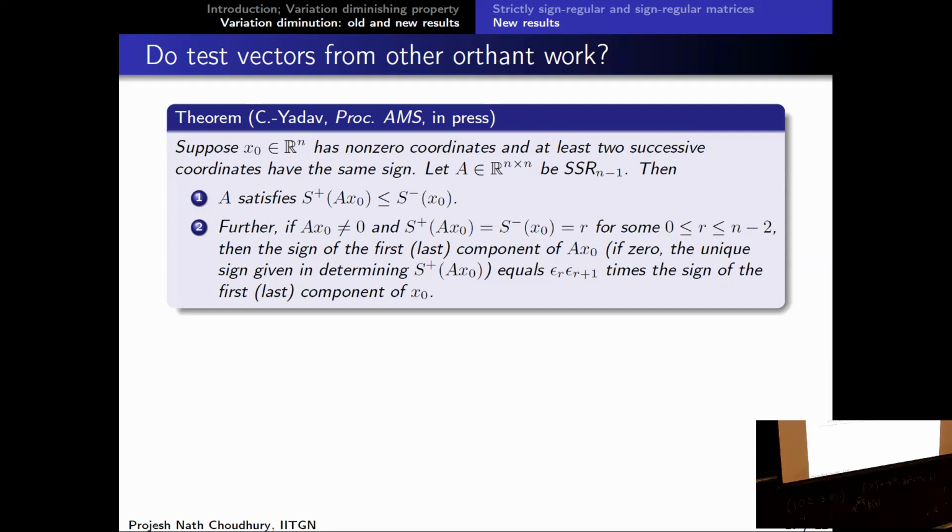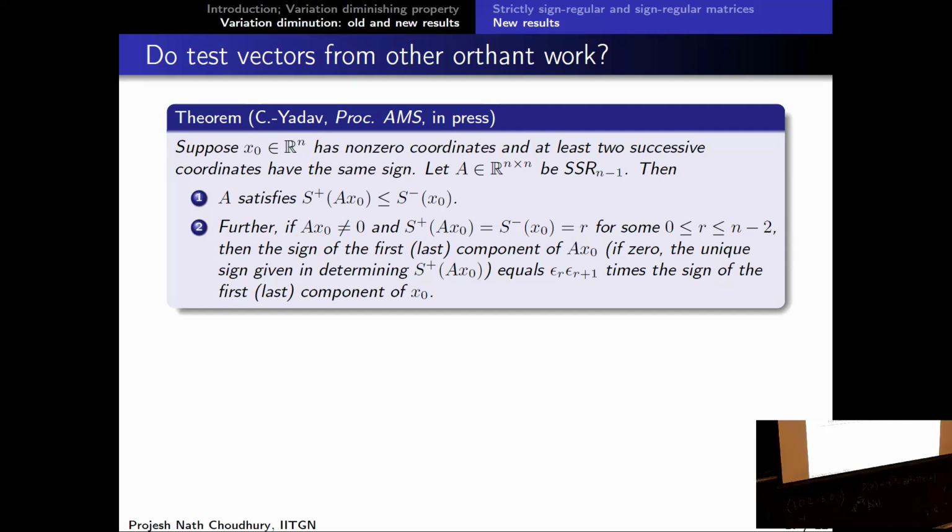So we cannot characterize strictly sign regular matrices from other biorthogonals. We need to construct a matrix which is strictly sign regular of order n minus 1, but is not strictly sign regular. In particular, we have to show that the determinant is 0, because if the determinant is positive or negative, then that will be some particular class of strictly sign regular matrices.